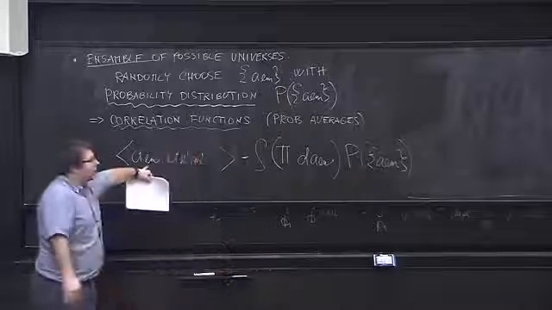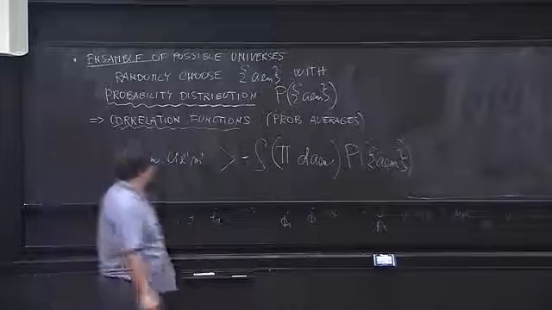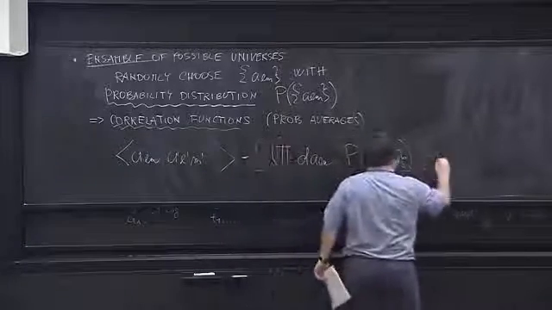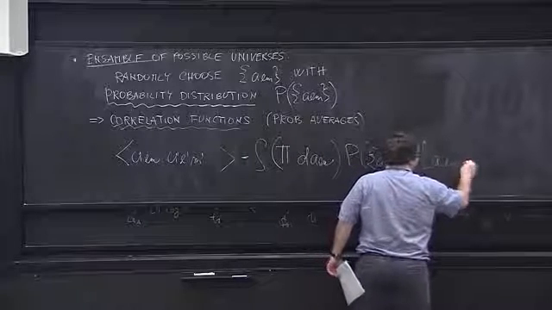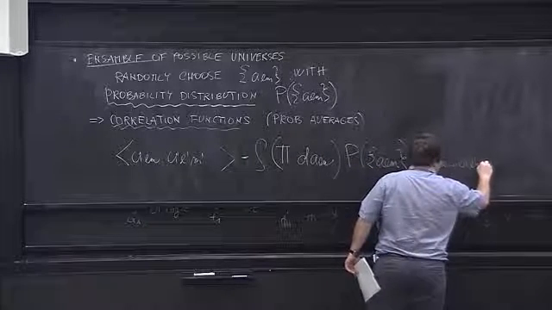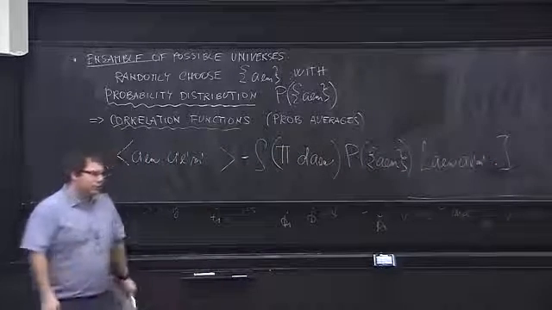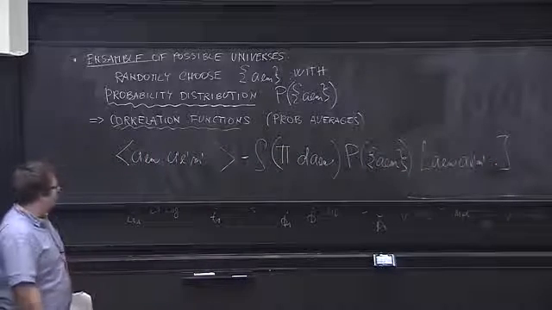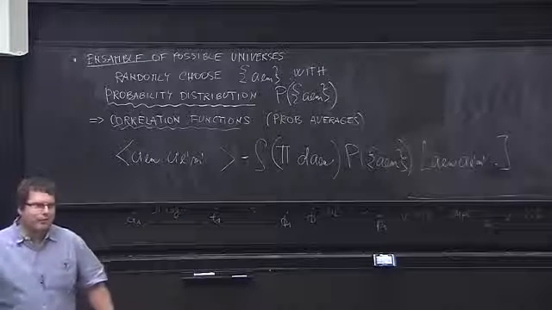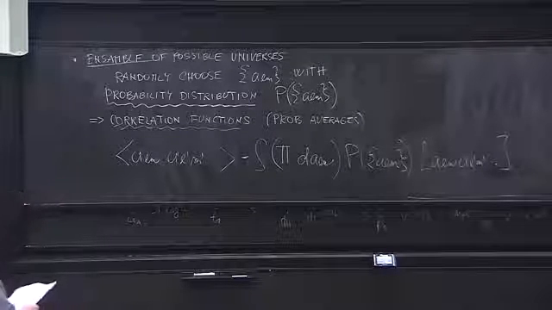And then I put whatever I have in my correlator: ALM, AL prime, M prime, and whatever I want to calculate the average of. Right, so that's just the definition.